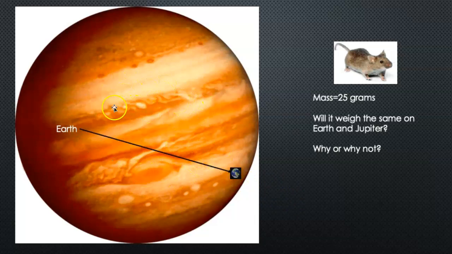It has lots and lots and lots of atoms in it. And when something has lots of mass, it has lots of gravity. So the mouse will be pulled harder by Jupiter down toward itself than it would if it were on Earth. So it's going to weigh much, much more on Jupiter than it would on Earth.